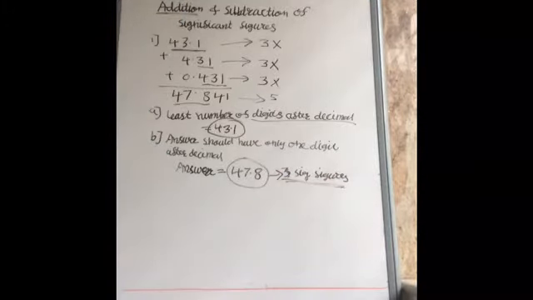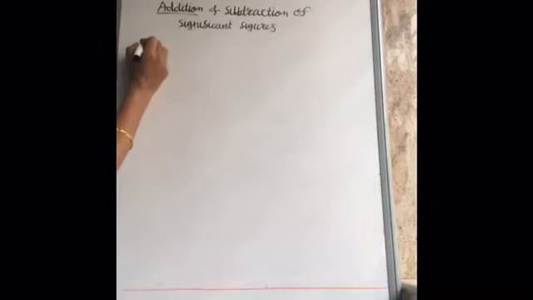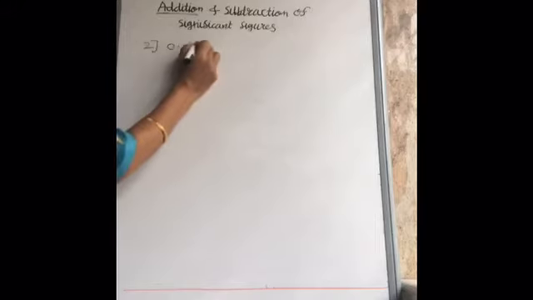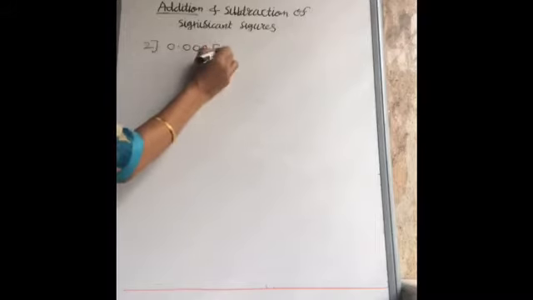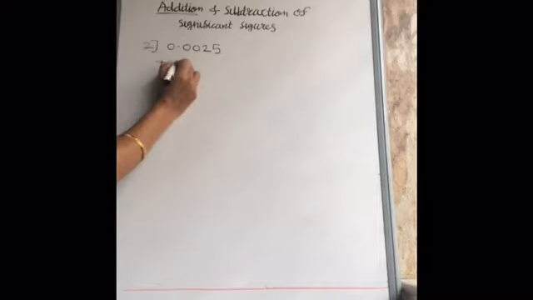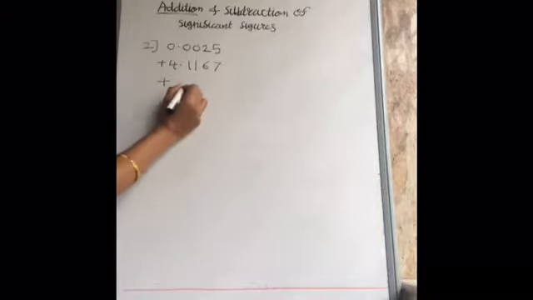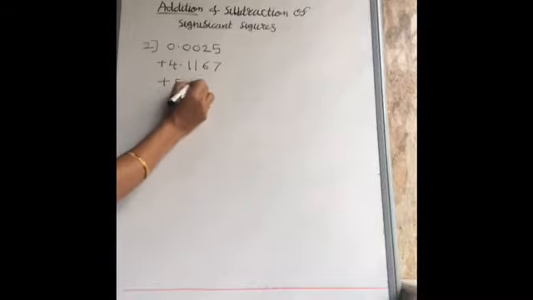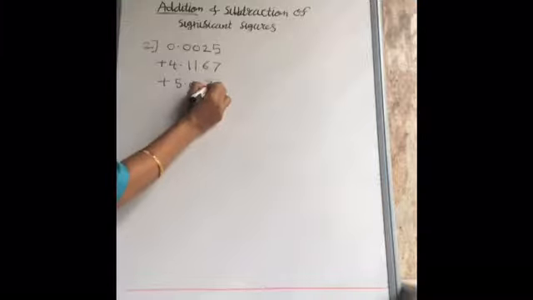Now we take the second example. 0.0025 plus 4.1167 plus 5.0071.